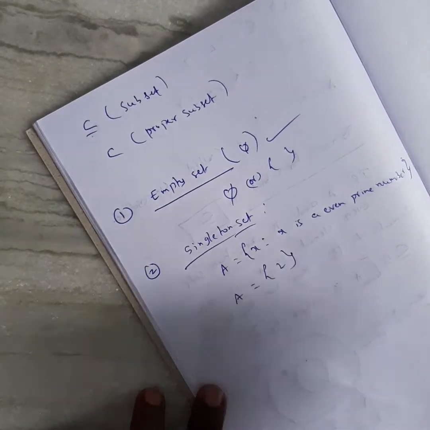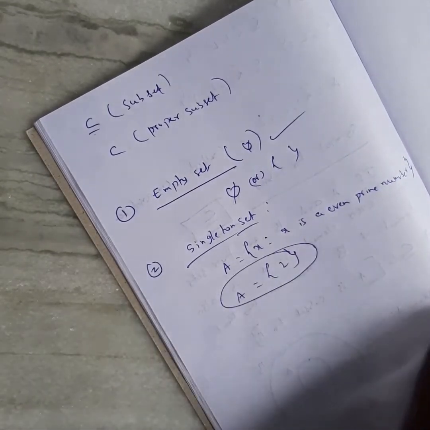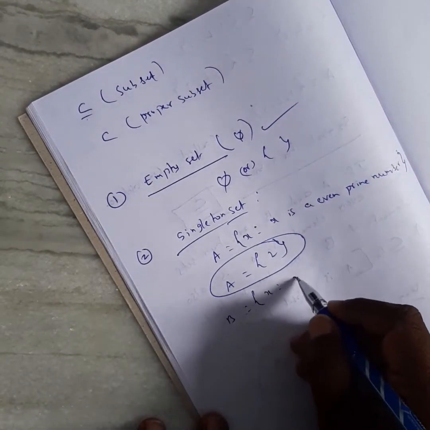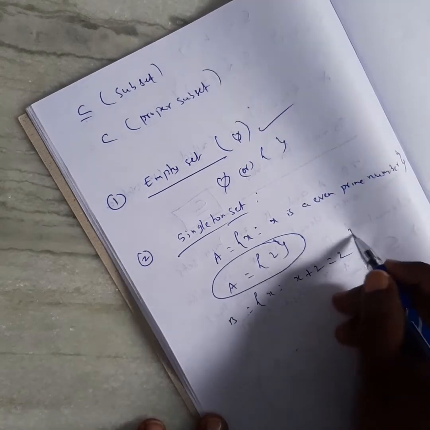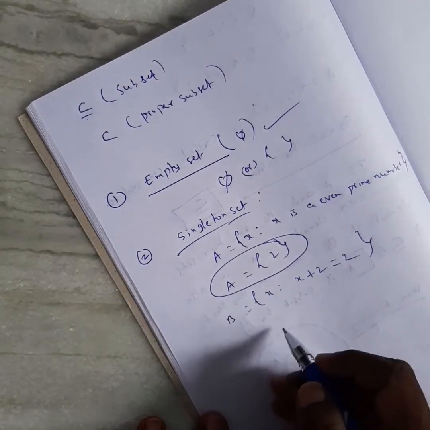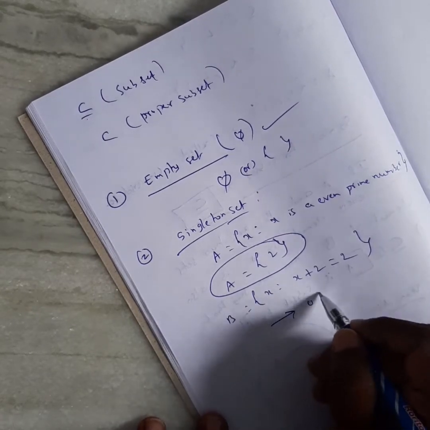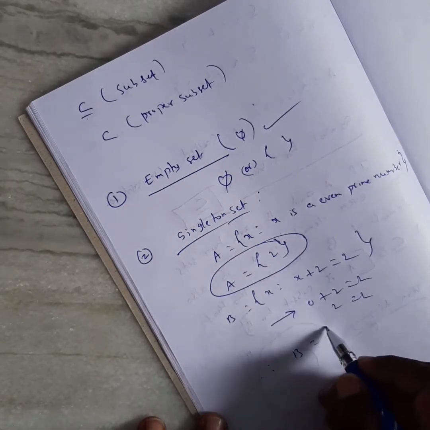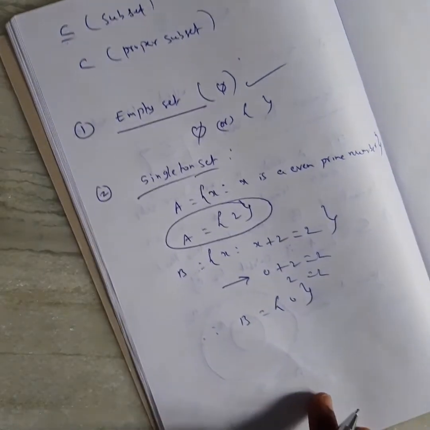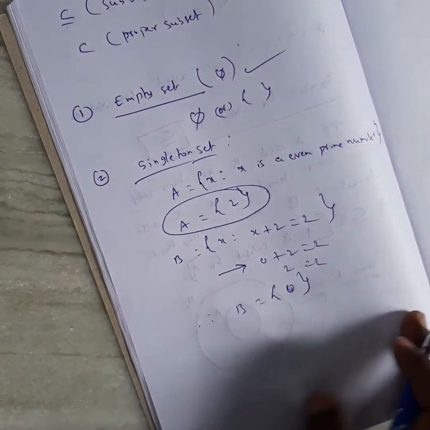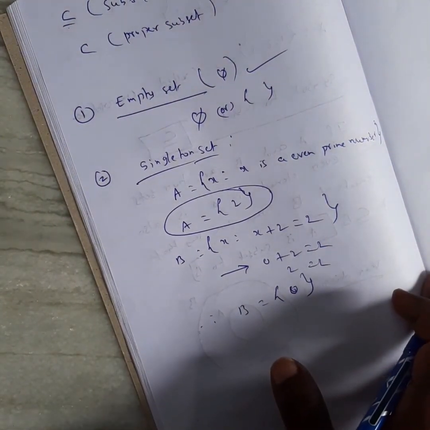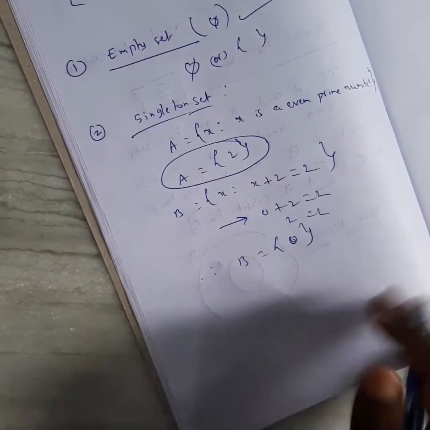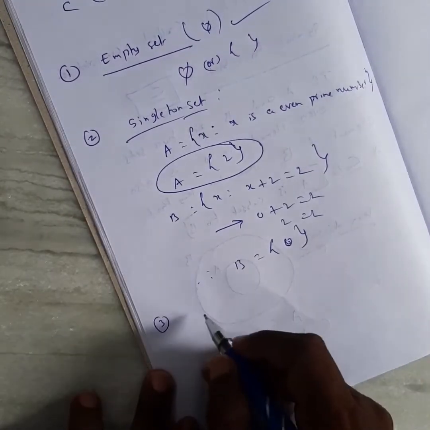A is equal to {2}. That means this set contains only one element. Or B is equal to {x such that x plus 2 equals 2}. Which number satisfies this? 0 plus 2 equals 2. Therefore B is equal to {0}, you get only 0 here. So this is a singleton set. A set which contains only one element is called a singleton set.